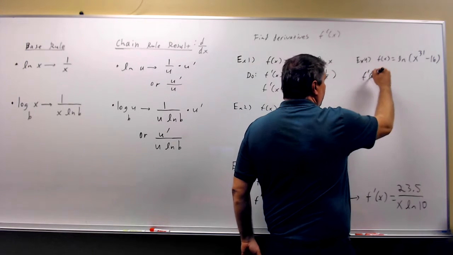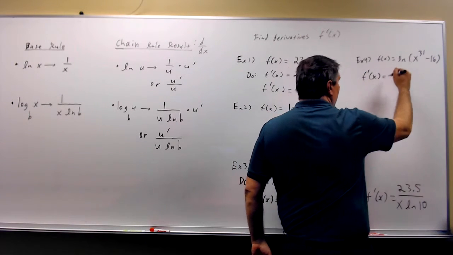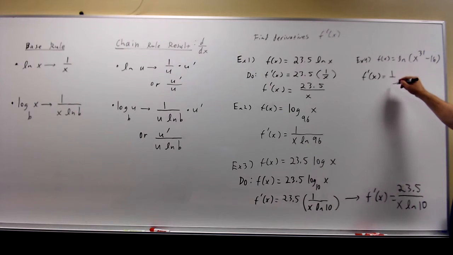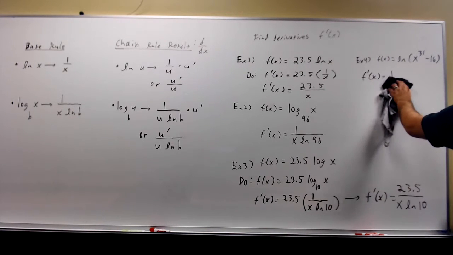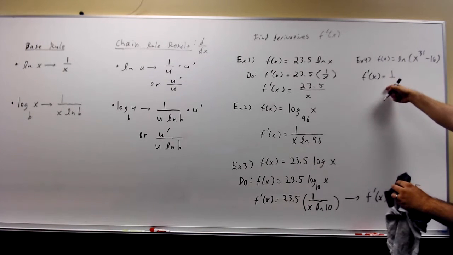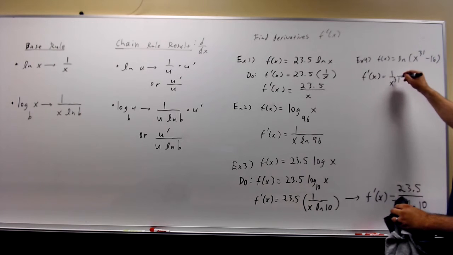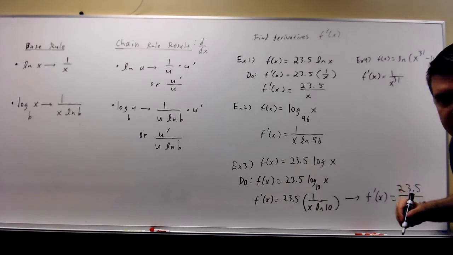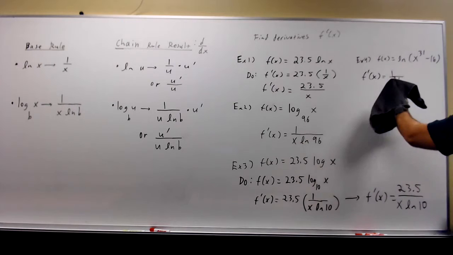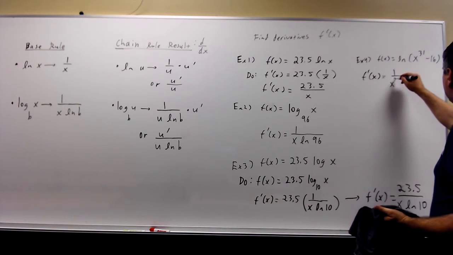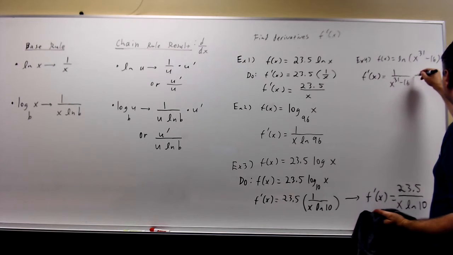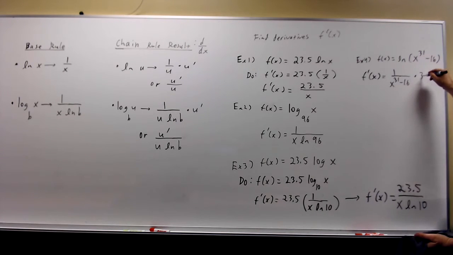So f prime of x would equal 1 over x to the 31st minus 16 times 31x to the 30th.